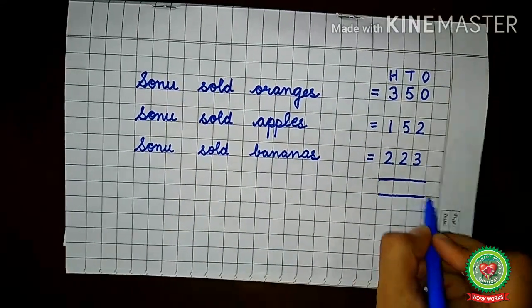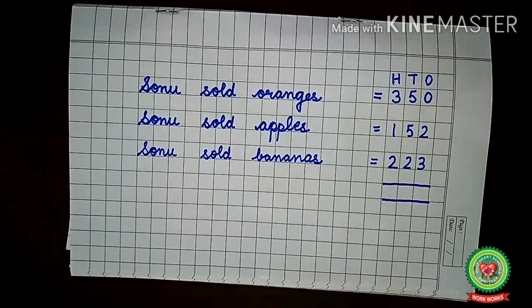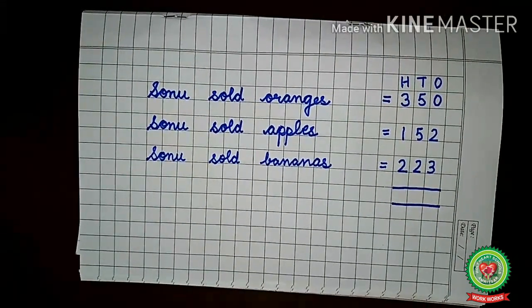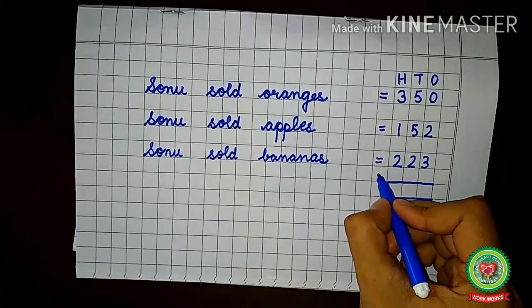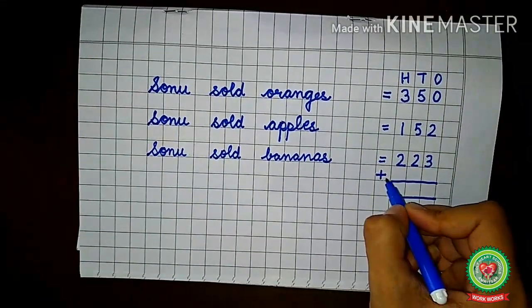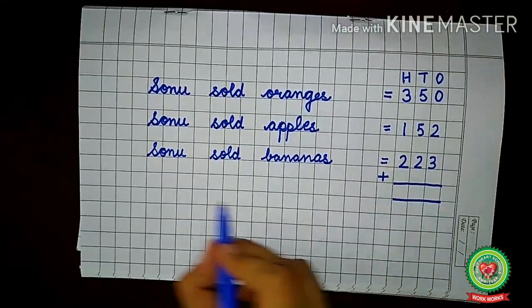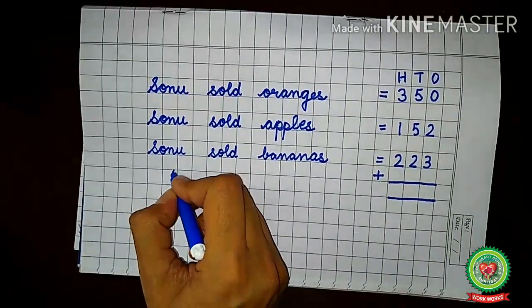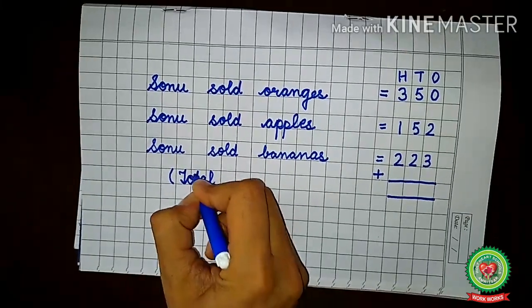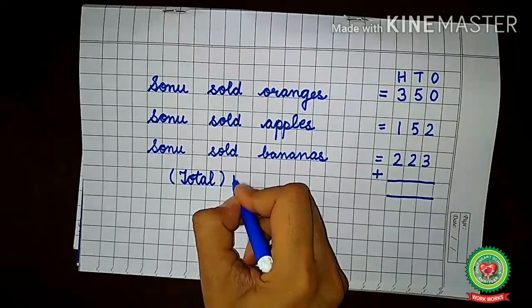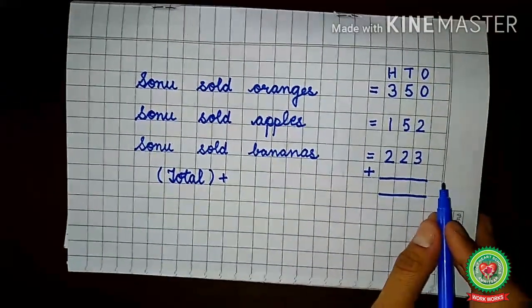And the last line was how many fruits did Sonu sell all together? As we know, all together means this is the sum, addition, and we will write plus here. And here what should come? Total plus. Now we will add.